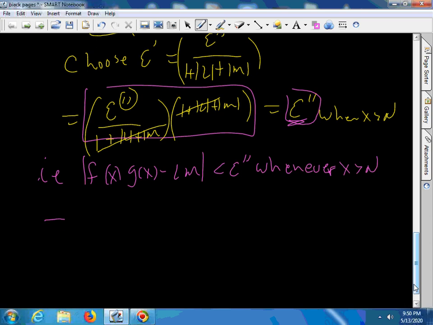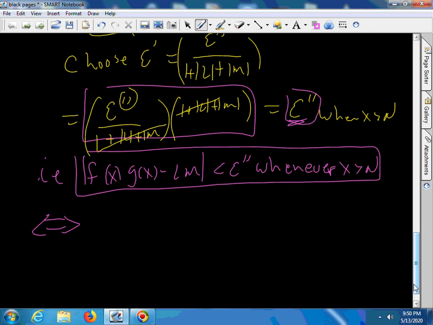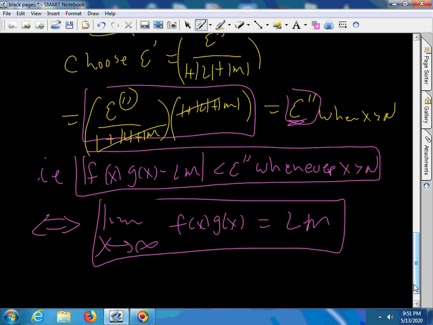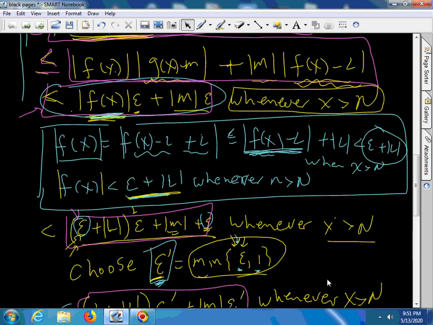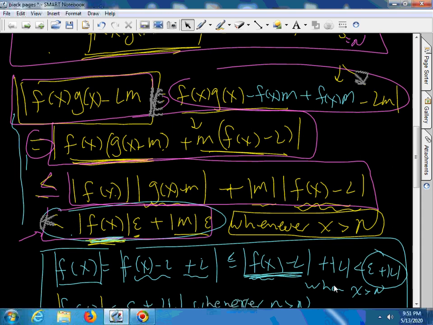Okay, well, this is the same statement as the limit as x goes to infinity of f of x, g of x equaling Lm. And this is just what we wanted to prove, and it was just playing games, making everything work out. I guess you may think it was more than this, but I think the key thing was adding that 0.